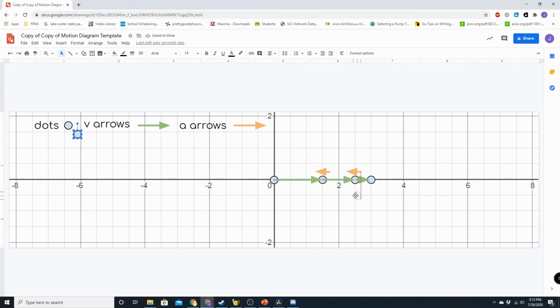And if we further assume that it has the same amount of acceleration the entire time, which I would have to state if I were giving you the physical scenario, the amount of distance that it covers in that short time interval is going to be the same amount of distance that it covered during that last time interval when it was slowing down.